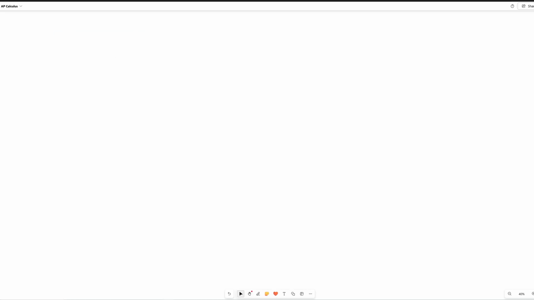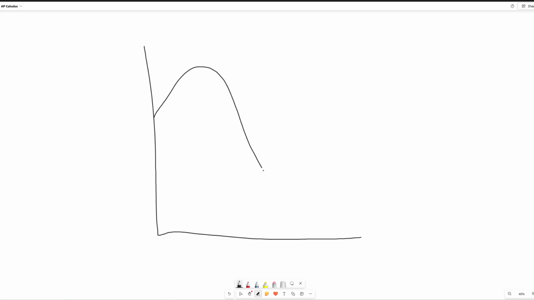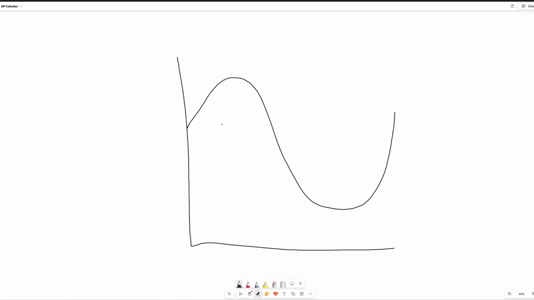Finally, we're going to talk about concavity. So concavity is essentially how the graph looks. So if you have a graph like this, right?